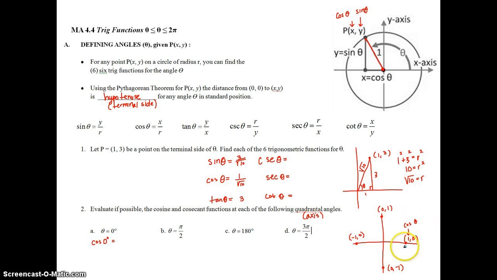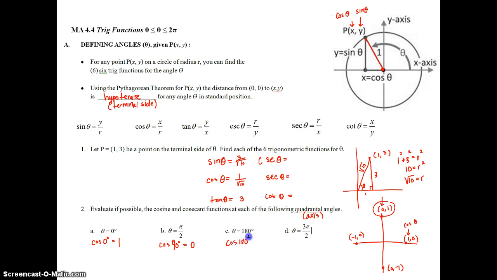So look over here at 0 degrees, I was at the point 1, 0, and the cosine is the x value, so it's going to be 1. Okay. Cosine of 90 degrees, right? Now we're here. And remember, the x value was the cosine, so that's just 0.